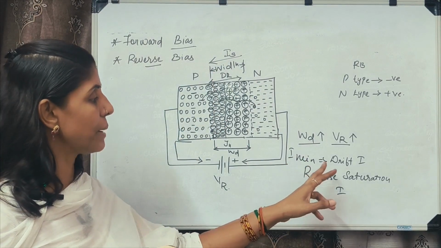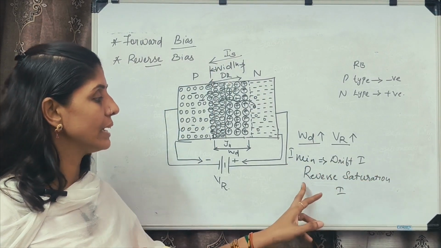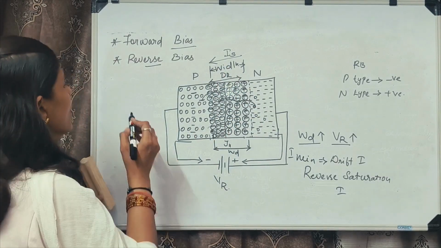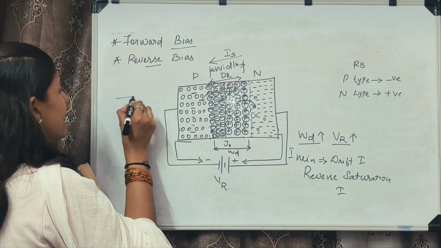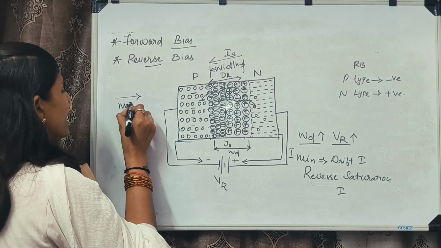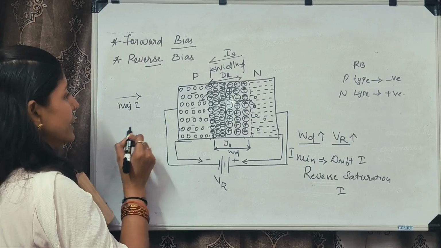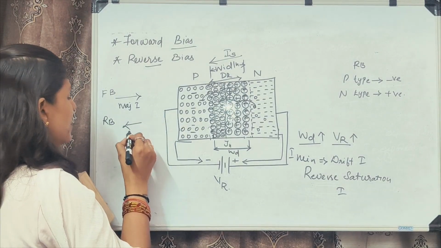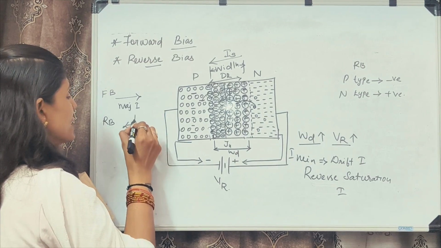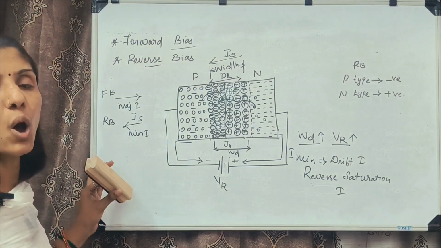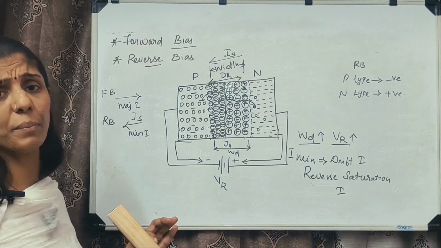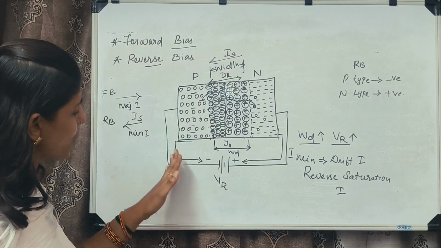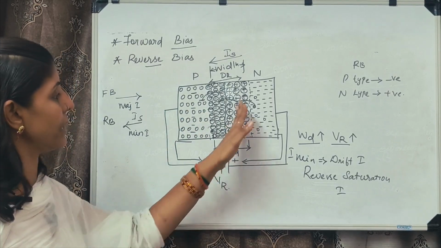Because of the drift current, it is a reverse saturation current and we represent it as IS. In the forward bias, the majority charge carrier current flows in the forward direction. In the reverse bias, the minority current IS flows in the direction opposite to the forward bias, otherwise the majority current.